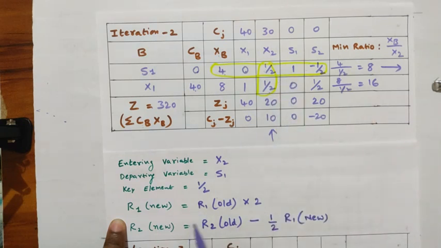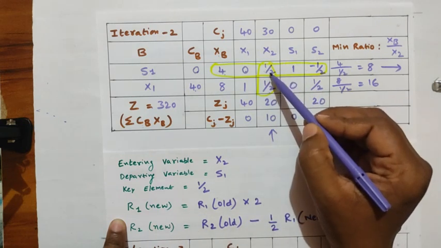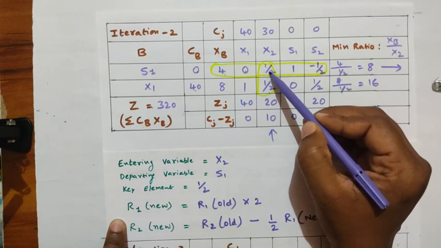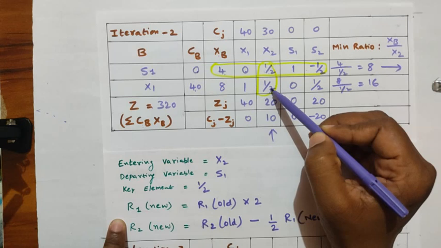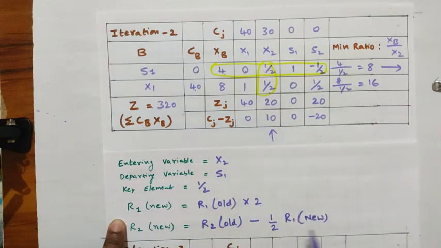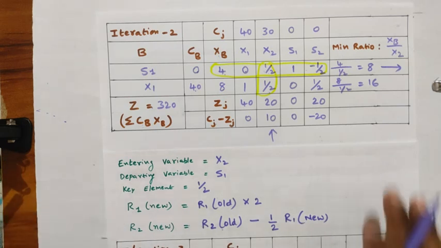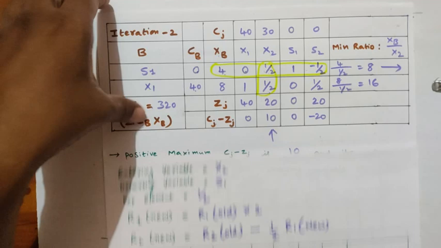By using these two formulas, I make the pivot element 1 and this element 0. So R2 new is equal to R2 old minus half into R1 new. With this I will write iteration 3.